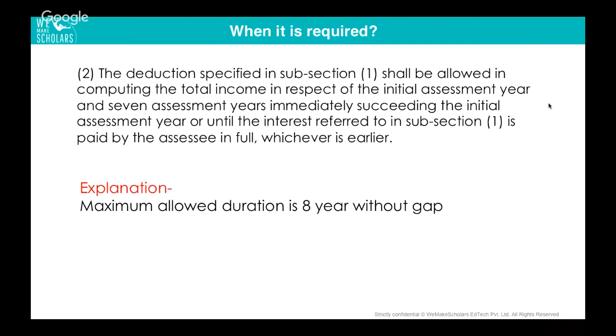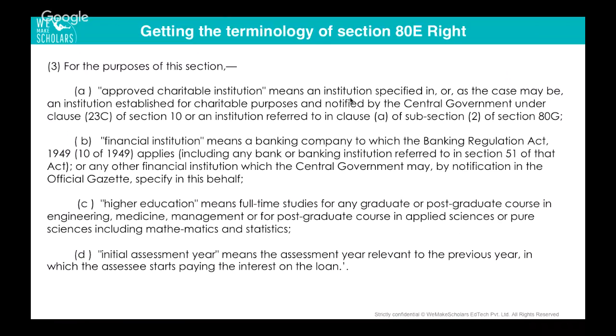Now, initial assessment year. In the previous section, it specified initial assessment year and 7 assessment years immediately succeeding that. So what is the initial assessment year? In layman's terms, I have already told you, it means when you start repaying the loan. It is after your moratorium period, which is course duration plus 6 months or 1 year, whatever the moratorium period is.